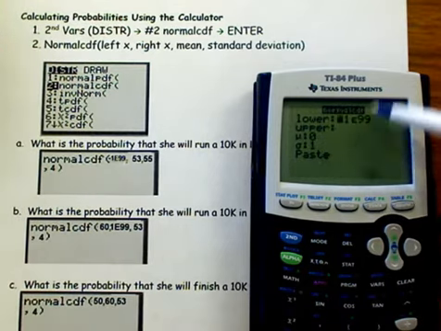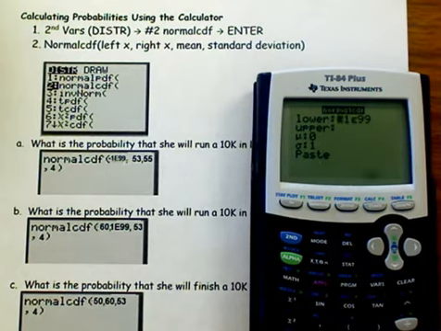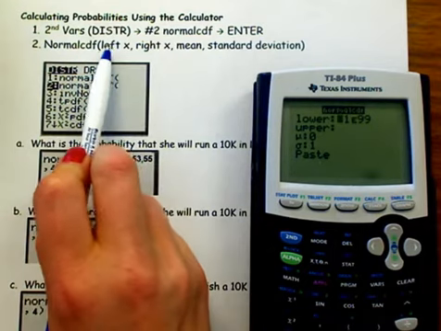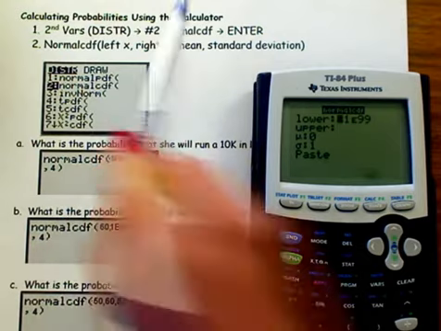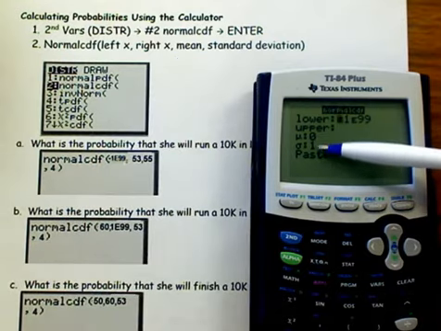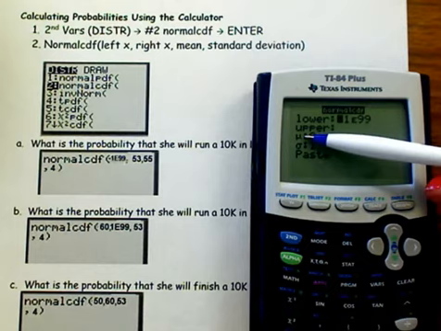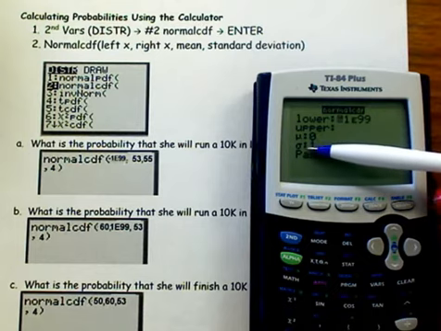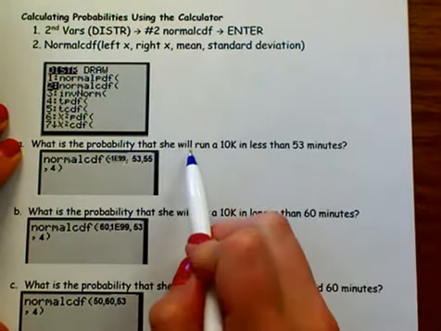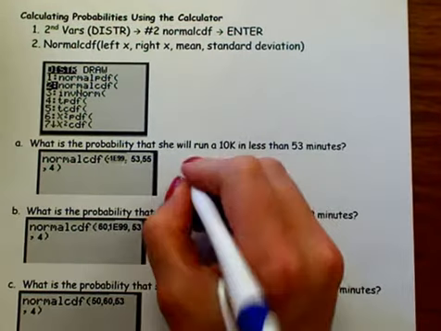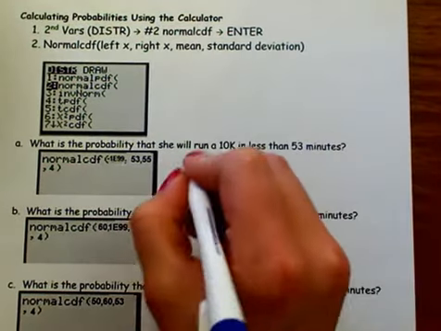Now most of us get this notation here, and there's a specific order that these things go in: the left x, the right x, the mean, and the standard deviation. Notice the notation here, mean with mu and sigma with standard deviation. What is the probability that she will run a 10K in less than 53 minutes?